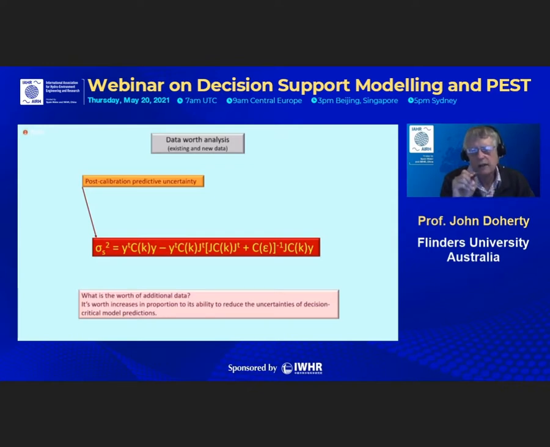I do not need to have gathered that data to assess its worth, because the value of the data that I'm thinking about gathering does not feature in this equation. Yes, it's approximate, but linear analysis gives me the means to discriminate between data that has high worth and data that has low worth. I repeat, it's approximate, but the insights can be profound.